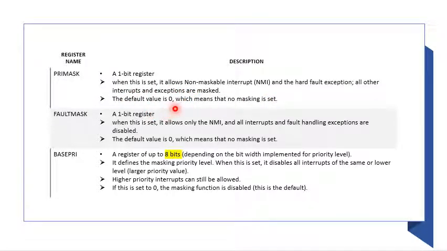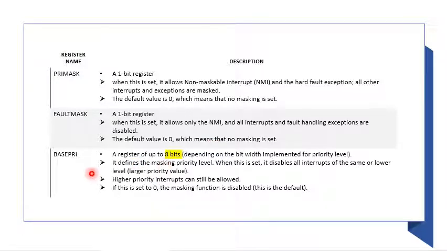The default value is 0, which means no masking is active. Similarly, when FAULTMASK is 1, it allows only NMI, the non-maskable interrupt, and all other interrupts as well as the fault handling exceptions are disabled. Again, the default value is 0, which means no masking is active.